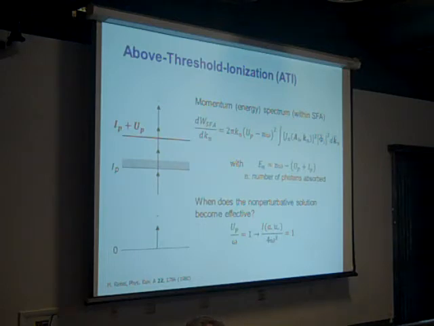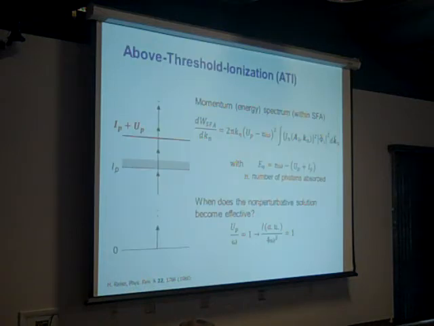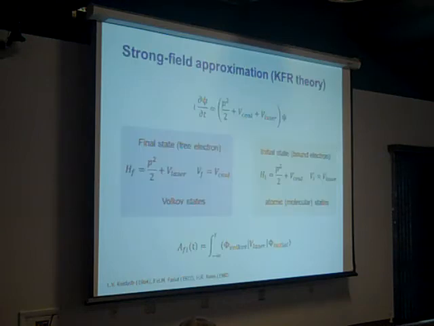But it doesn't tell me anything about what n is. Remember, I'm putting in these Volkov states, and the Volkov states had this n times omega, where n was running from minus infinity to plus infinity. We had all orders in it. That's why all these orders appear here already, coming from this lowest order of S-matrix theory.